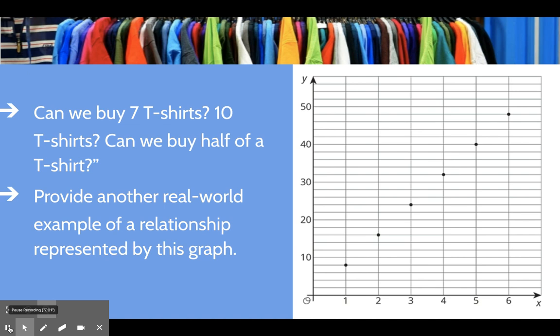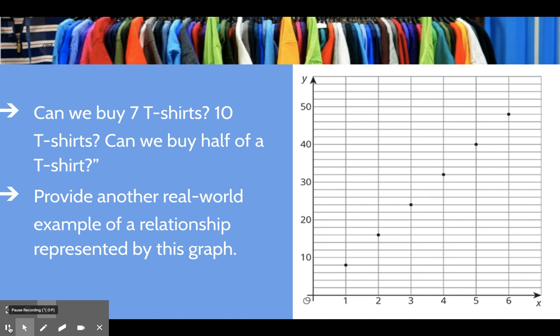So for 0 shirts, it costs $0. Now, could I use that to figure out the rest of the values? Absolutely. Remember, our graph consists of discrete points because only whole numbers of t-shirts make sense in this context. So whole numbers like 7 or 10, a half a shirt wouldn't really make sense.